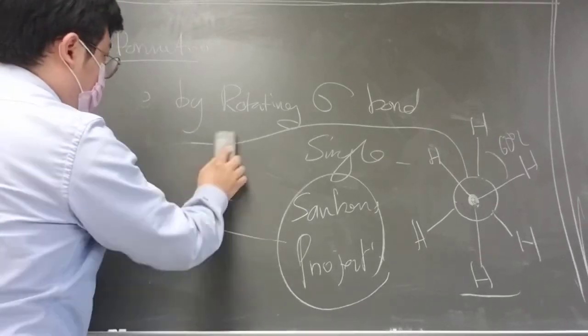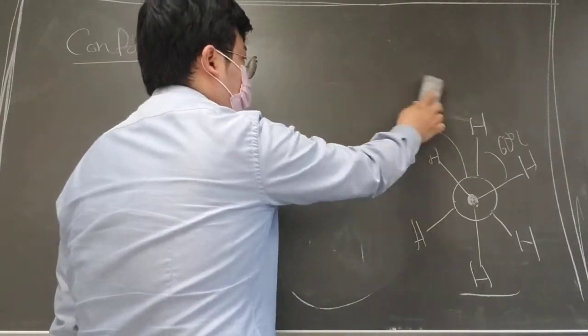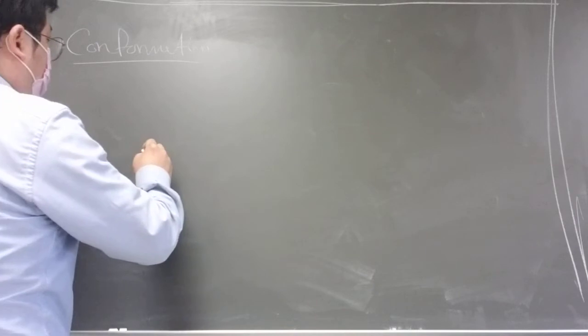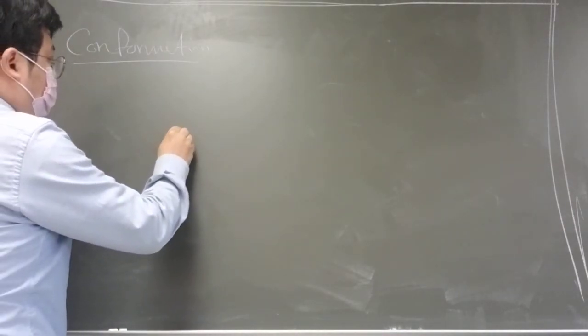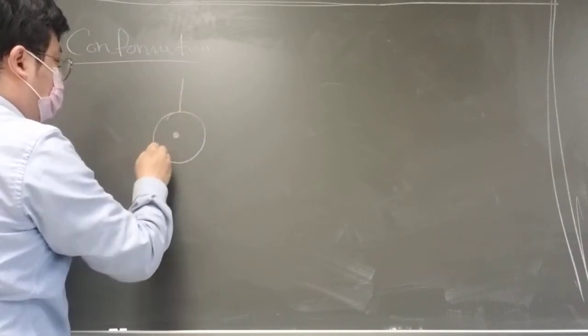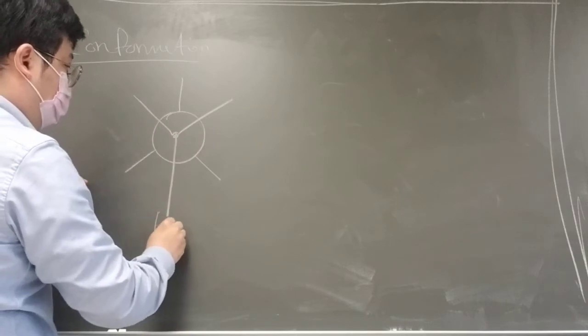If that is the case, you guys may wonder why we care about this in the first place. Because most of the molecules are somewhat unstable. They always try to rotate, or eventually they try to find their most stable form anyway. Okay? So in that case, I just showed you this one.